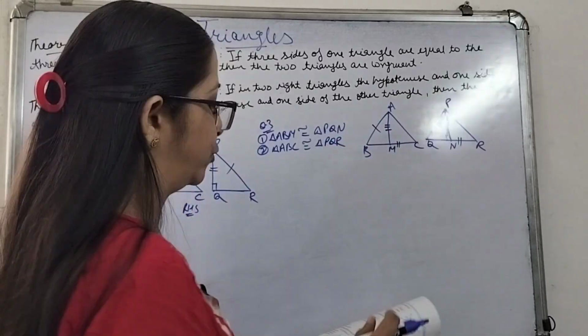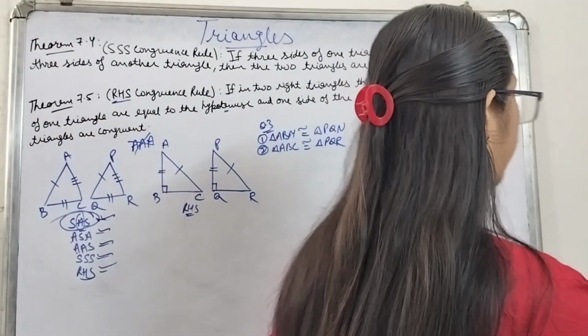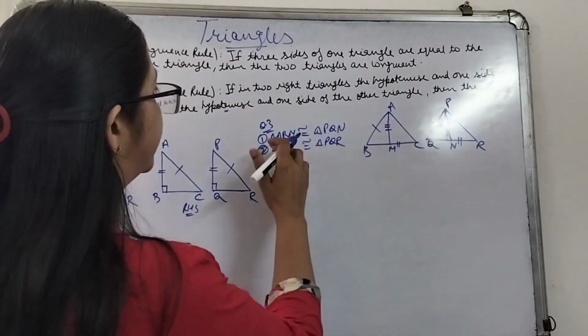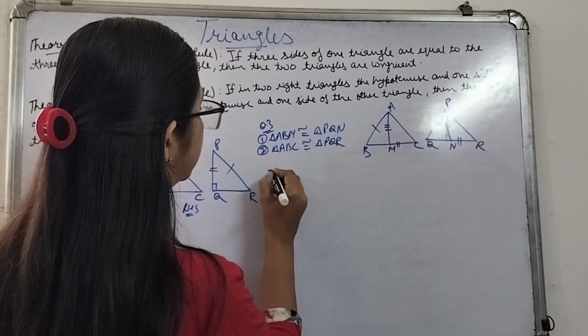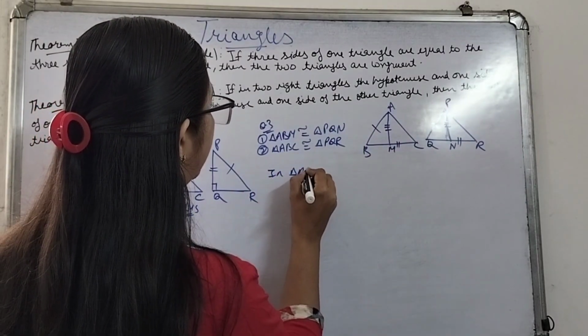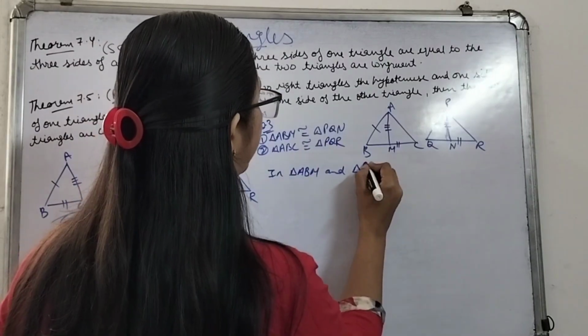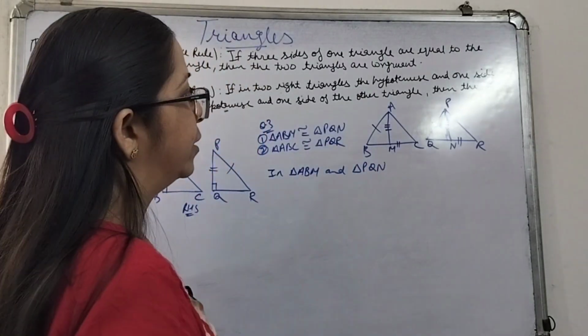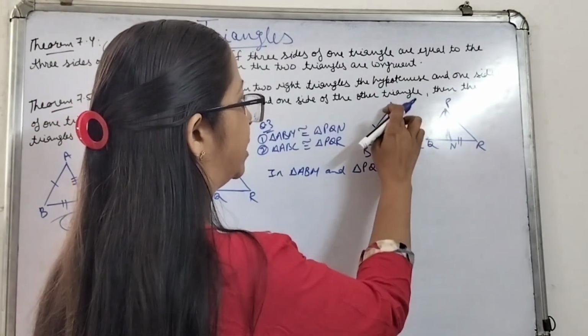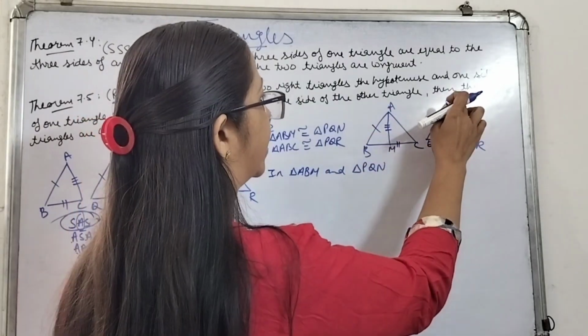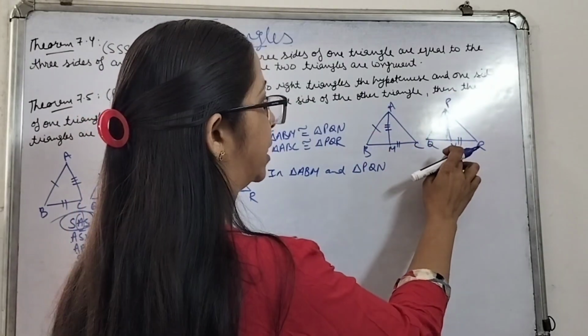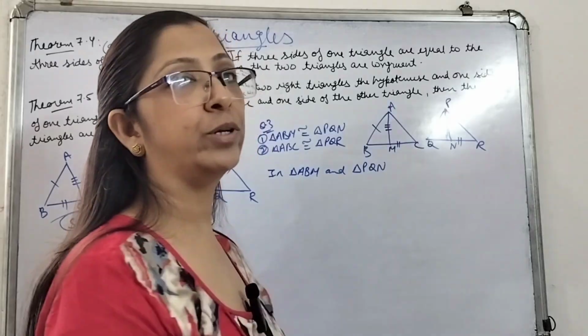Now first of all, we consider the first part, that is, triangle ABM and triangle PQN.